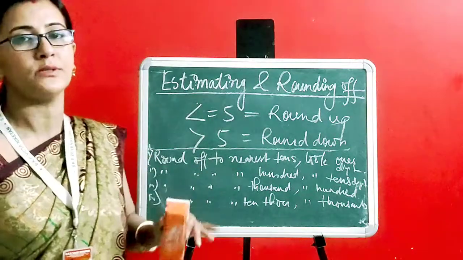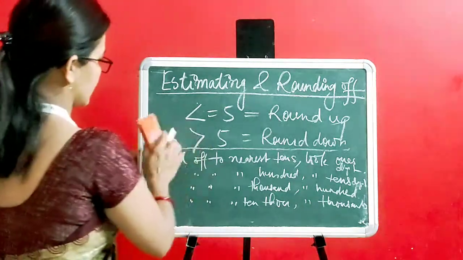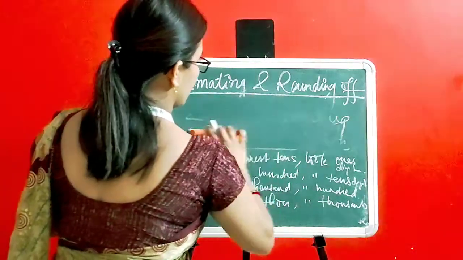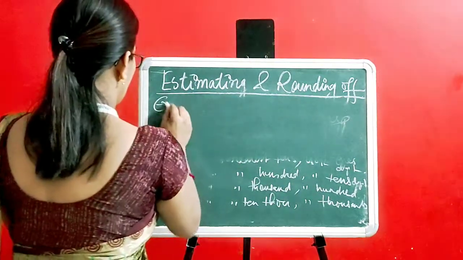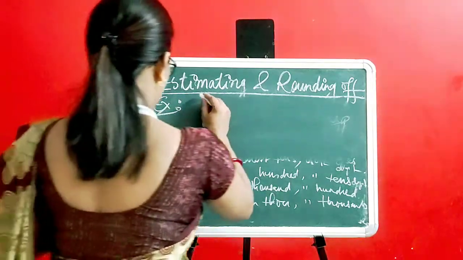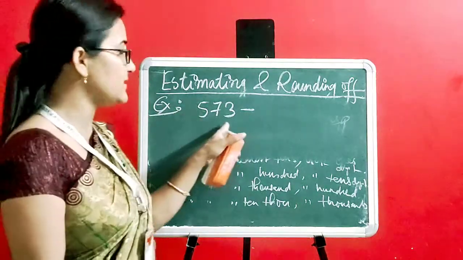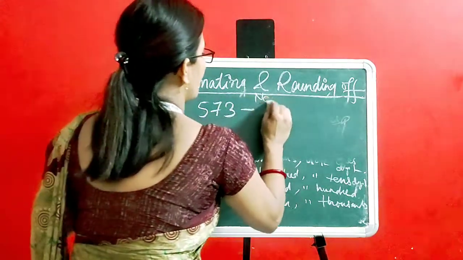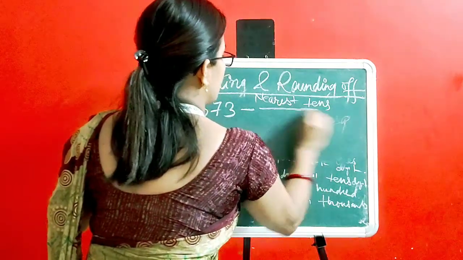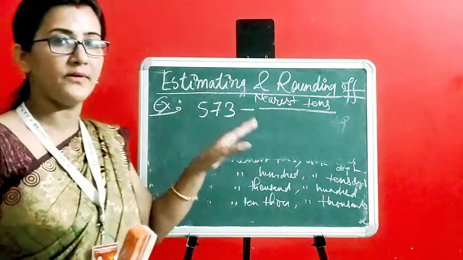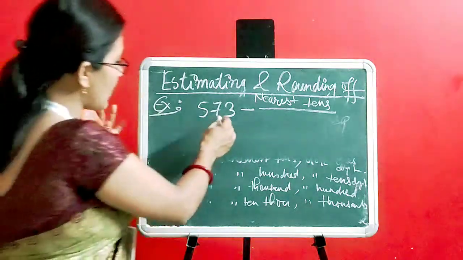Both of these rules we will apply. So now we will implement these in our examples. Example C, 573. We will round this 573 to the nearest tens. If I want to round a number to the nearest tens, then we have to look at the ones place.